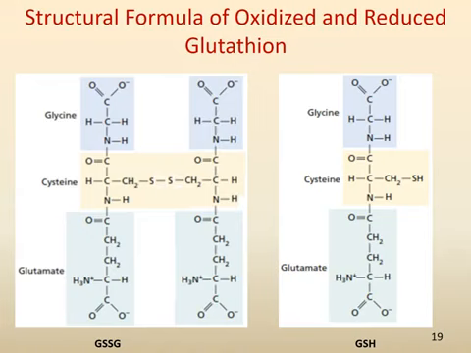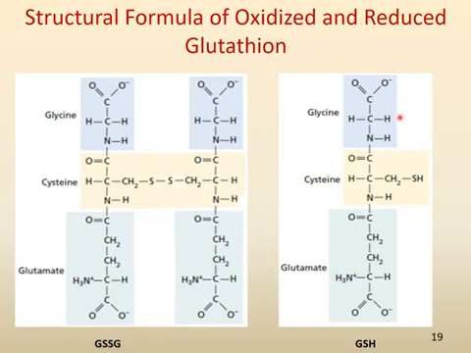The current slide is presenting the structural formula of oxidized and reduced glutathione. Glutathione is a high-energy cofactor of glutathione transferase enzyme, and it has two forms. One is reduced glutathione, and the other one is the oxidized form of glutathione. Reduced glutathione is abbreviated as GSH, while the oxidized glutathione is represented as GSSG.